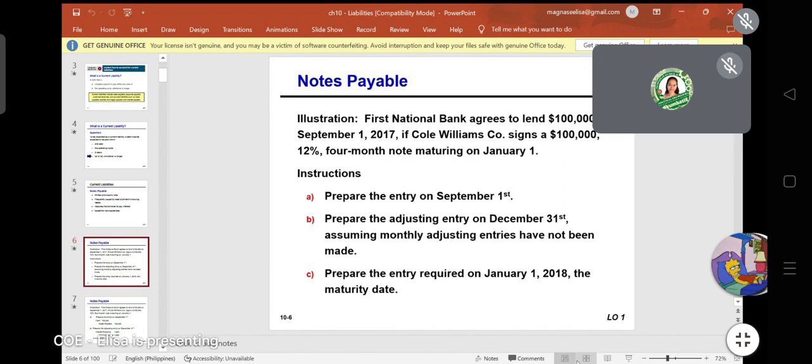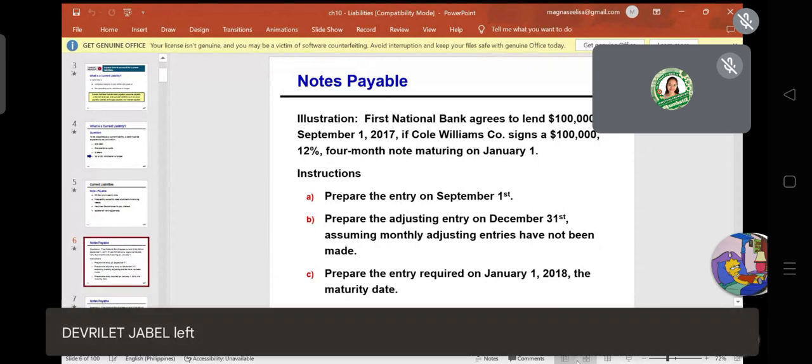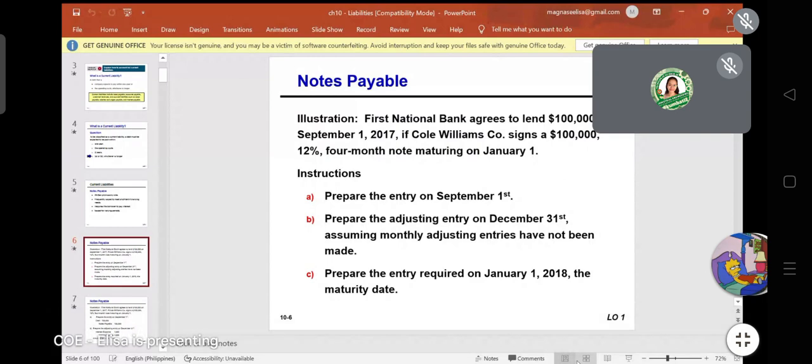So there will be 3 entries that we will make here. First, at the inception of the notes payable, meaning the signing of the notes payable. In letter B, considering the maturity will be on January 1, our payment will be on January 1.